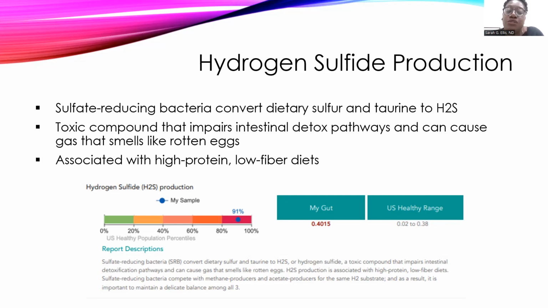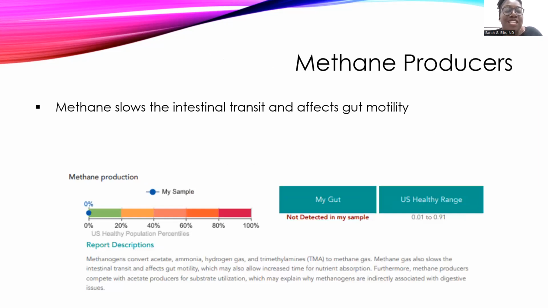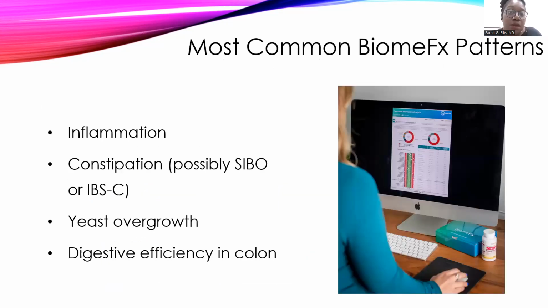It is associated with high protein and low fiber diets. So again, this section is a great starting point to help you learn how to direct your patient's diet to directly impact their microbiome. Methane producers. As I mentioned earlier, methane slows intestinal transit and affects gut motility. It is indirectly associated with a number of digestive issues.